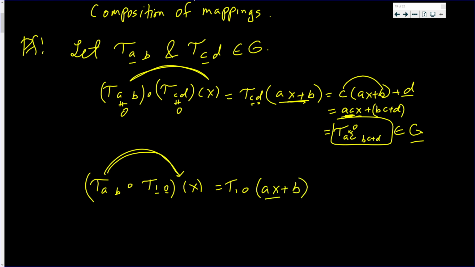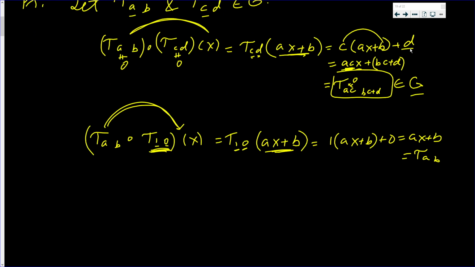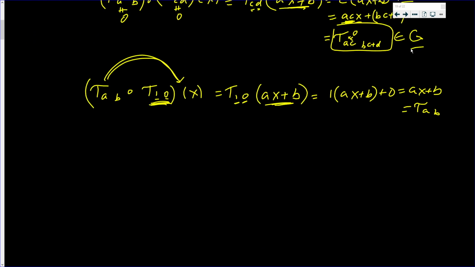Well, what do I do to this? I multiply it by 1, so it won't change. And then I add 0, so it won't change. I get 1 times ax plus b, plus 0. But that's ax plus b, also known as tau of a, b. Okay, so this here is the identity element.